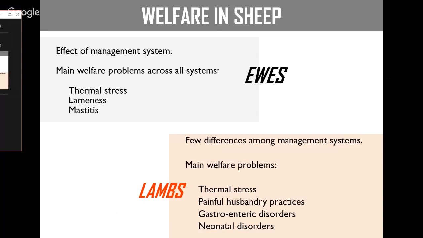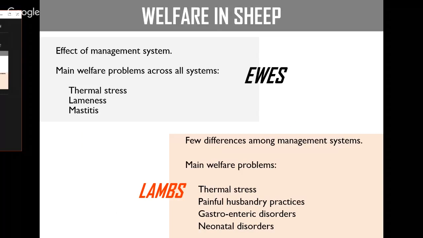For lambs, the situation is slightly different. There were few differences reported among management systems in terms of the major welfare problems, and these were, again, thermal stress, painful husbandry practices, gastrointestinal problems, and neonatal disorders.